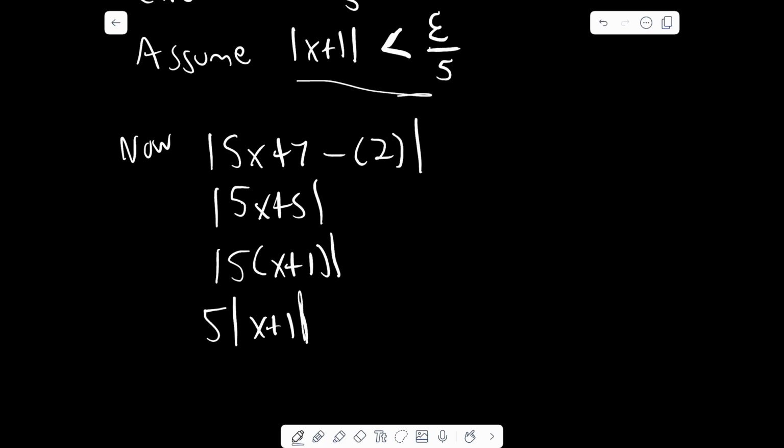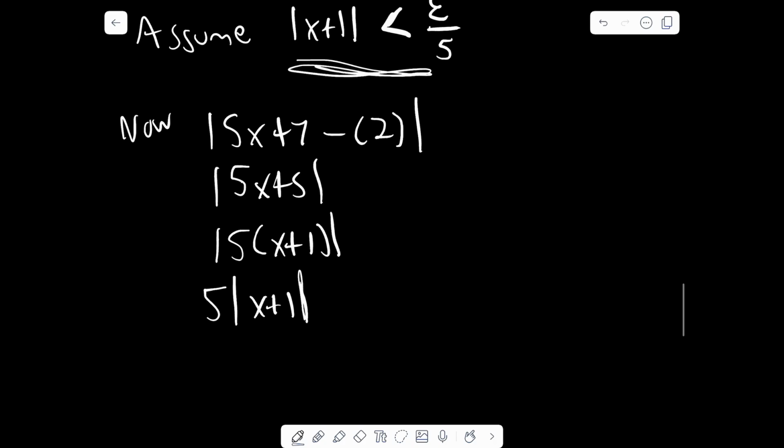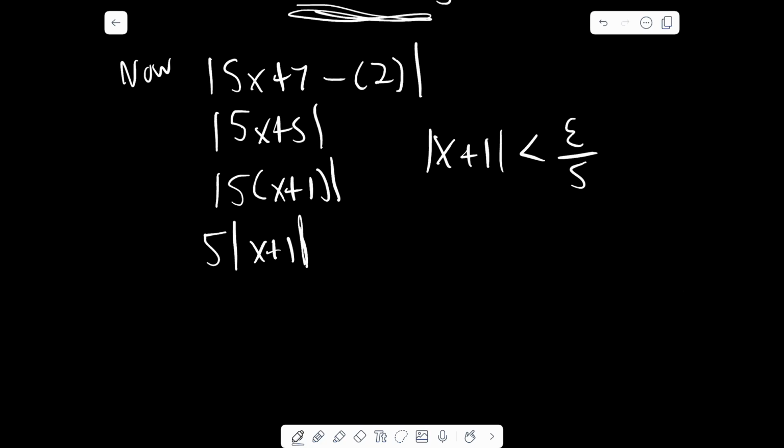So up here, it says that the absolute value of x plus 1 is less than epsilon over 5. Down here, we have 5 times the absolute value of x plus 1. So if we know that the absolute value of x plus 1 is less than epsilon over 5, we can also assume that if we multiply 5 to both sides, that's the same problem. We're just multiplying 5 to each side.